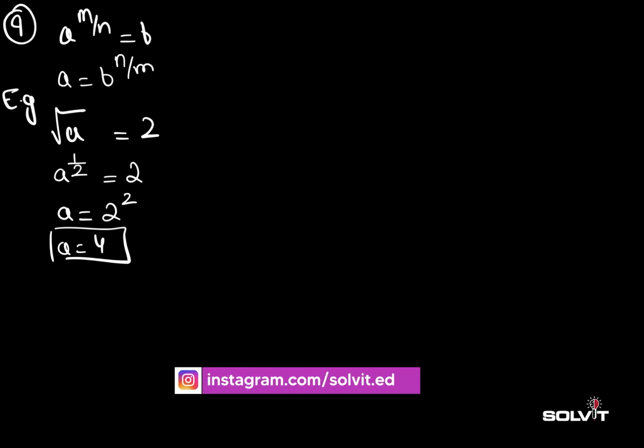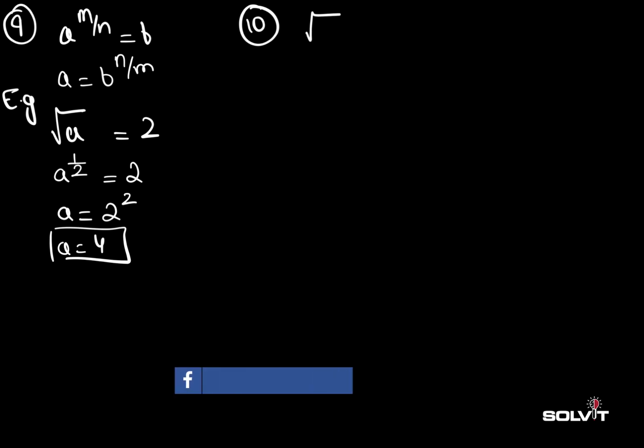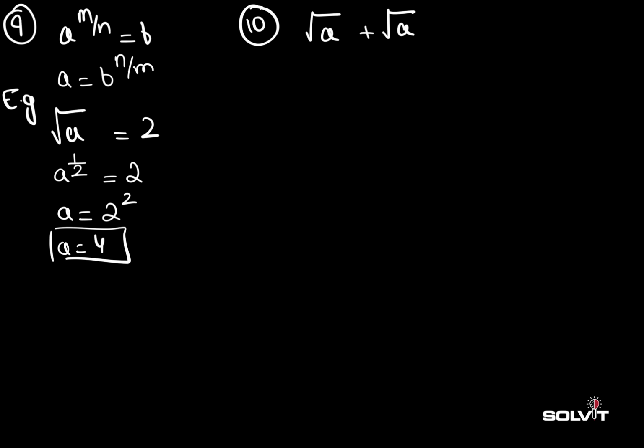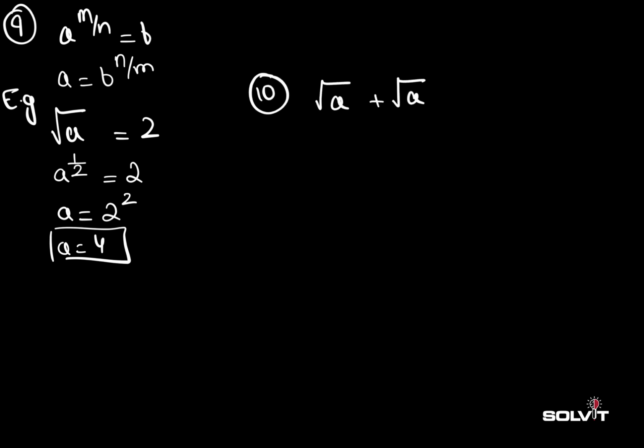Okay. So now let's just move on to the 10th rule. 10th rule is also about dealing with roots. So for example, if it's written that under root of a plus under root of a. So whenever we are dealing with roots, before that, I just like to make it a little easier.